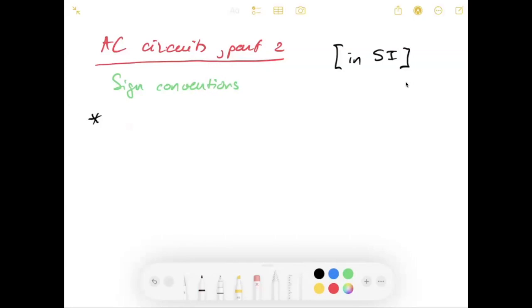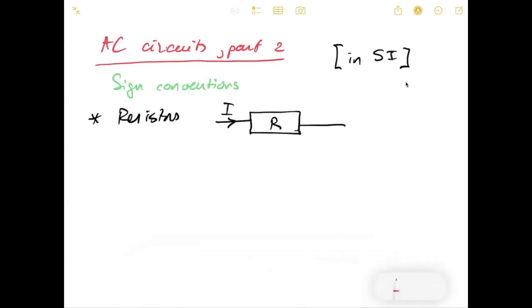So, for resistors, we know Ohm's law. If there's a current, that means that the voltage drop occurs in the direction of the current.